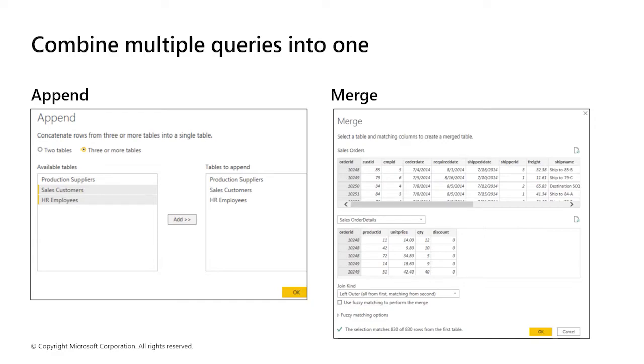We can also choose how to join these two tables together, a process that is similar to the join statement in SQL. These join options include the left outer join, which displays all the rows from the first table and only the matching rows from the second. We have the full outer join, which displays all the rows from both tables, and the inner join that displays only the matched rows between the two tables.